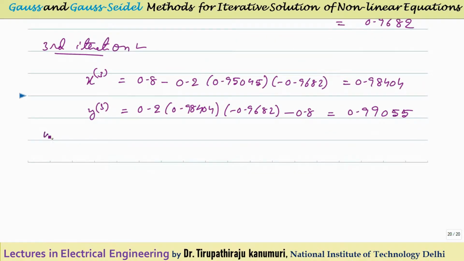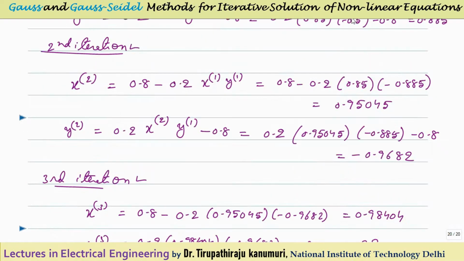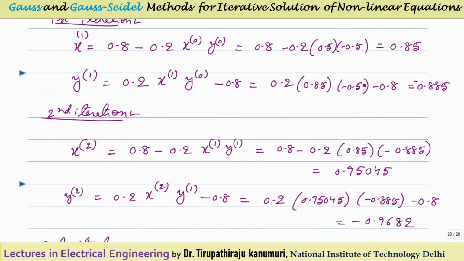So fourth iteration. In a similar way, if you proceed, you will get x of 4 and y of 4. So this one I am directly writing, this is 0.9949, and this you will obtain as, I am forgetting to write minus signs here, so please take it as minus sign, right? Okay, remaining all are fine.